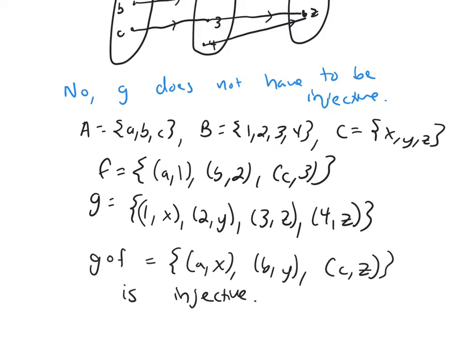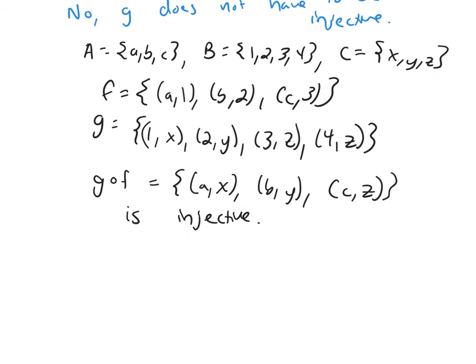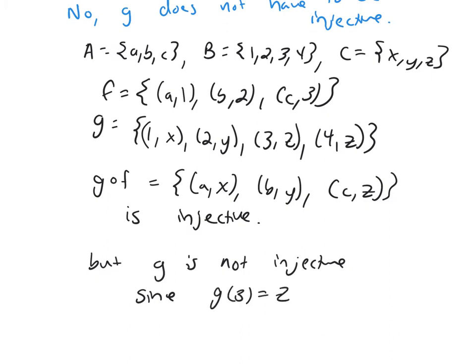It's because all of the elements of A have unique images, but g is not injective since g of 3 is Z, and g of 4 is also Z.